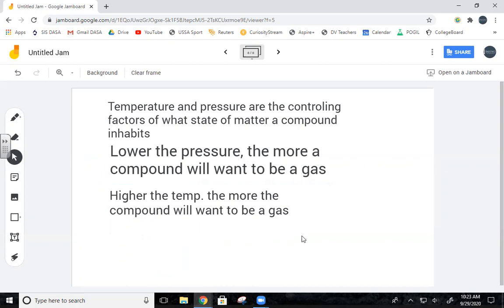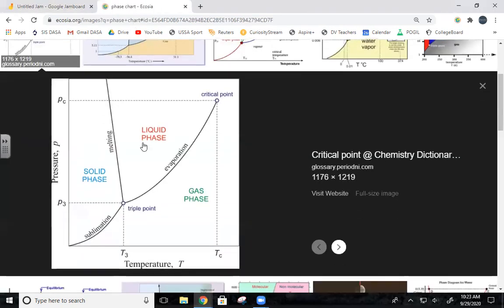All right? We're going to look at the phase chart one more time and talk about an interesting situation that we encounter here on Earth. Okay?